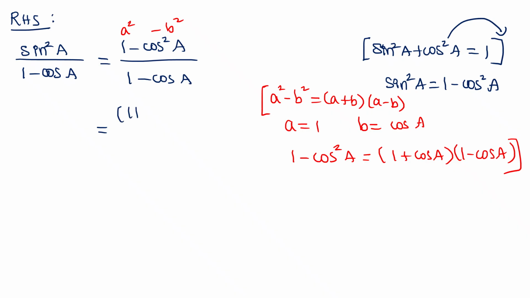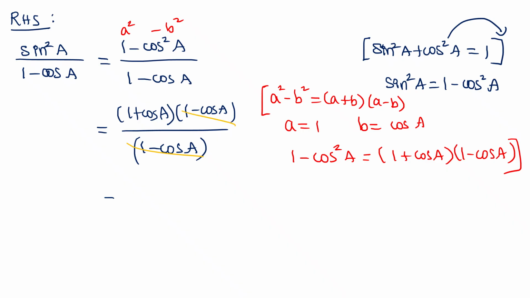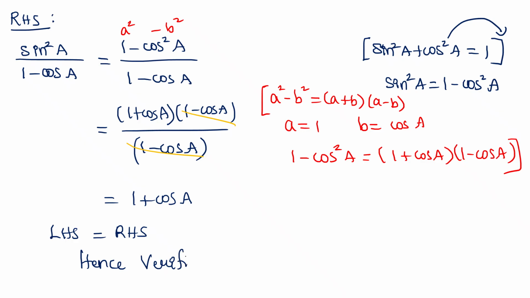So I get 1 plus cos A and 1 minus cos A, that whole divided by 1 minus cos A. Now this gets cancelled off, resulting in 1 plus cos A. In LHS also we got the same thing. Now we can prove that LHS is equal to RHS, and you can say it is hence verified.